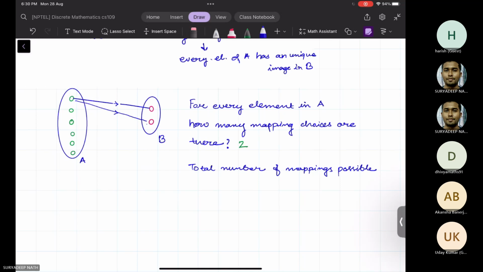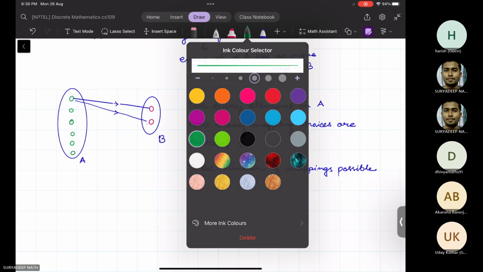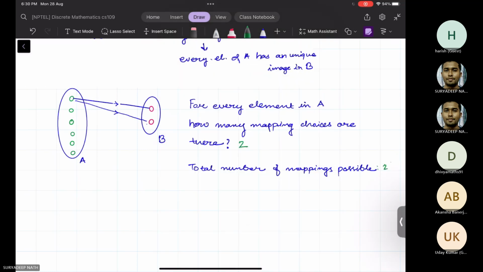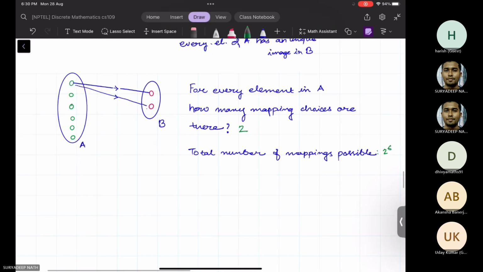What is the total number of mappings possible? 2 to the power 6, right? Why it is 2 to the power 6 is like this.